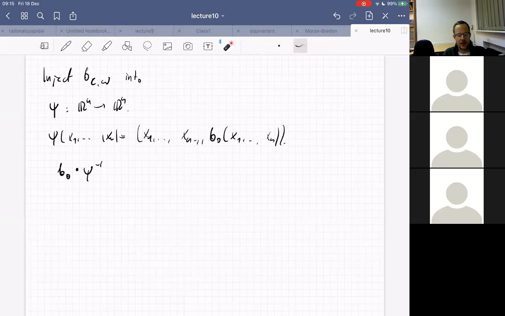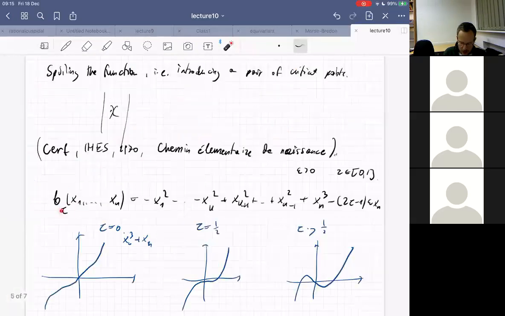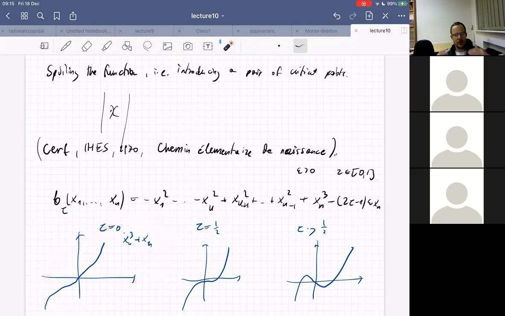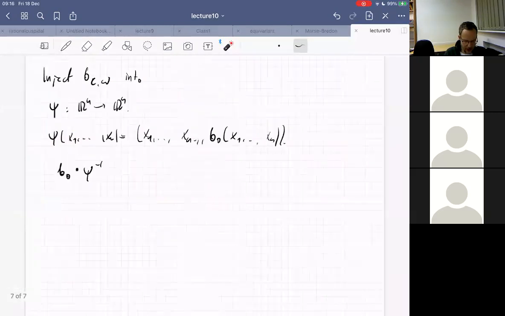You can check this by the theorem of local diffeomorphism, because b0, by definition, has non-vanishing derivative with respect to xn. The derivative of b0 with respect to xn behaves like xn cubed plus xn, so the derivative is non-zero. So this is a local diffeomorphism. Actually, it's a global diffeomorphism if you look at it carefully.